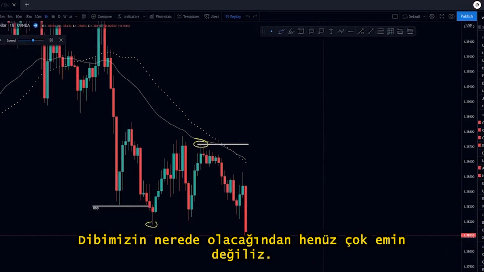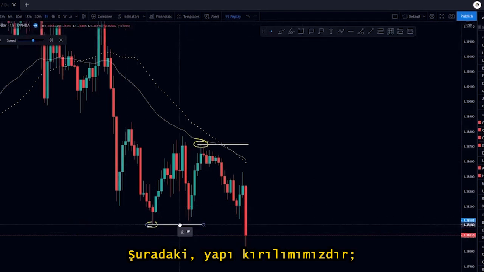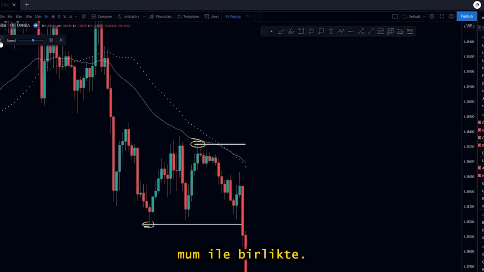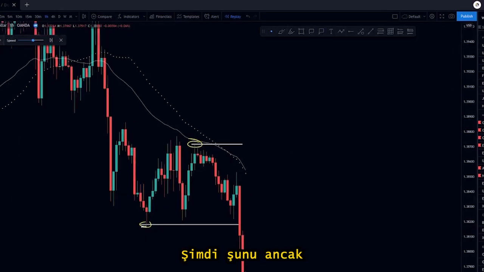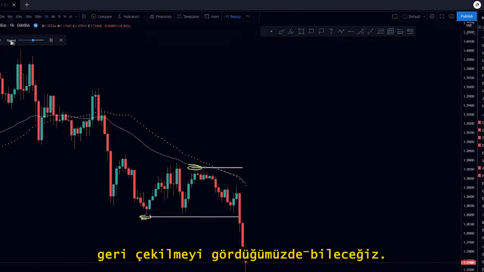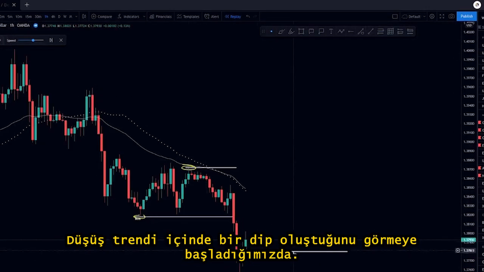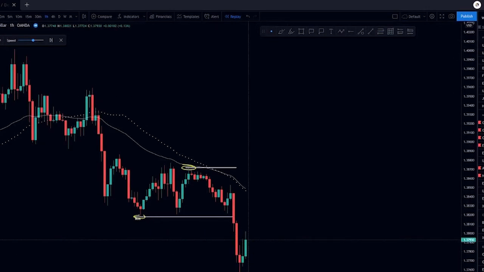We're not too sure where our low is going to be. This over here is our break of structure with the candle closing below our level. Now we will only know that we have a retracement once we start seeing a bottom being formed within the downtrend.